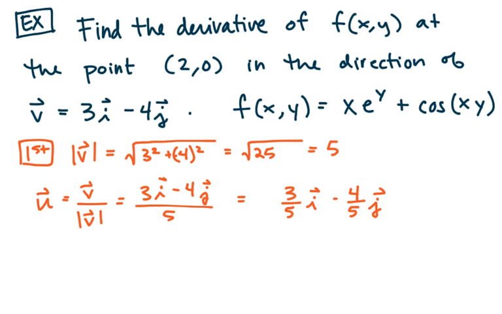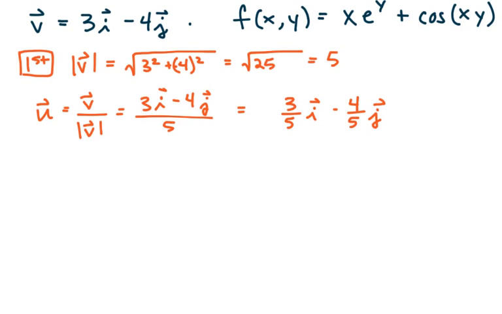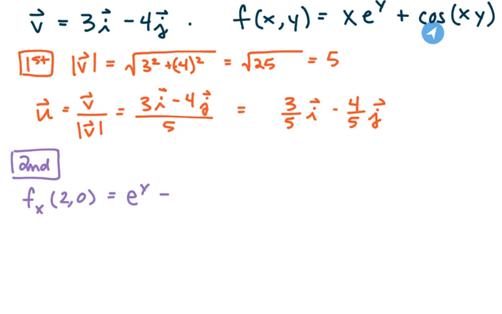So now I'm going to need the partial of f, both with respect to x and y, and we'll evaluate that. So we're going to find the partial of f with respect to x at that ordered pair 2, 0. Partial with respect to x, that means e to the y is a constant or a coefficient. So I have e to the y. Technically, we have a plus, but the derivative of cosine is negative sine. So that's going to be negative sine of x y.